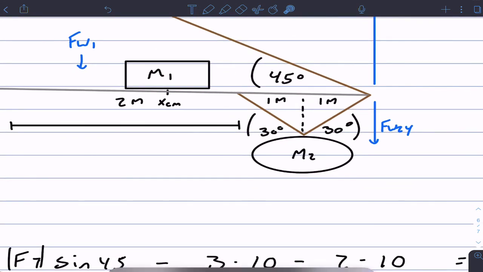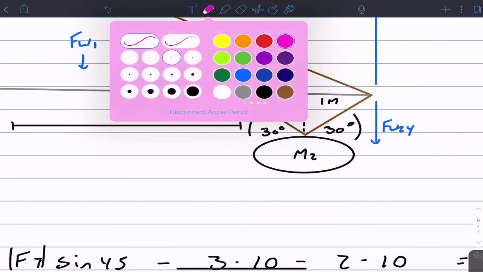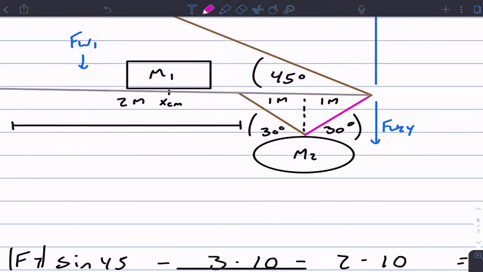So how you would get that is take your position vector, which at this point is 4 meters out. Here's the magnitude of the force. Here's the angle, and the position vector goes all the way over here.